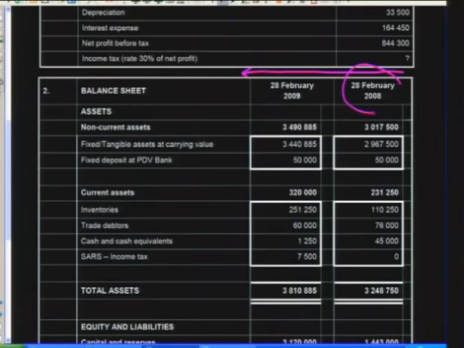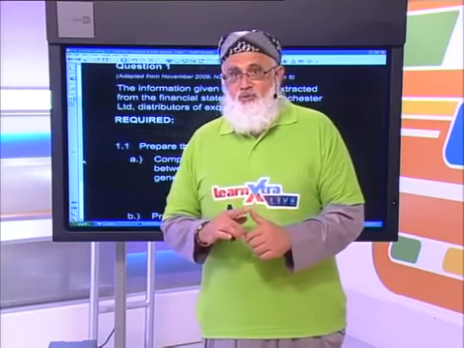There's the beginning of the year and there's the end of my financial period. Okay, looking at inventories. What happened to my inventories? Clearly you can see my inventories were 110,250.